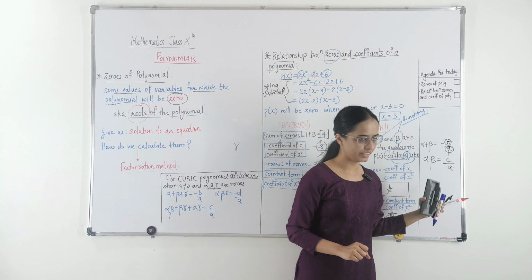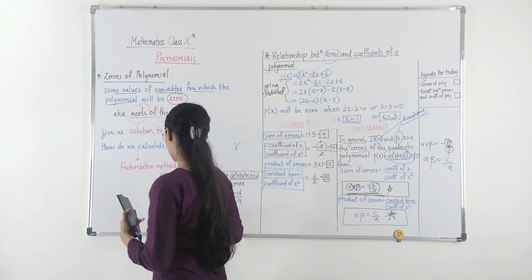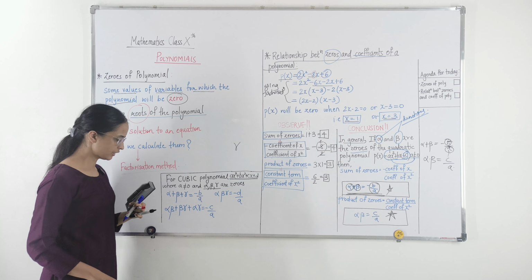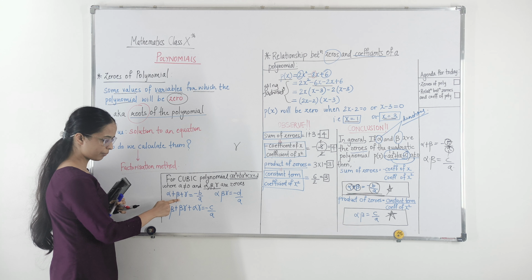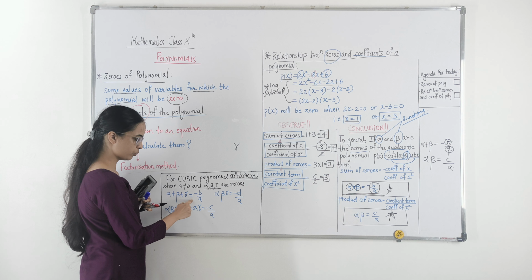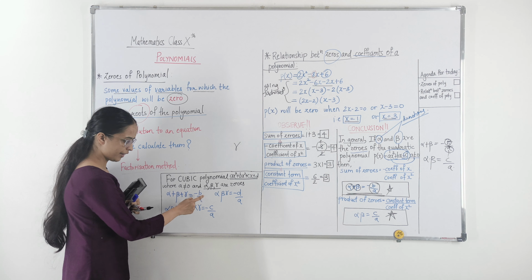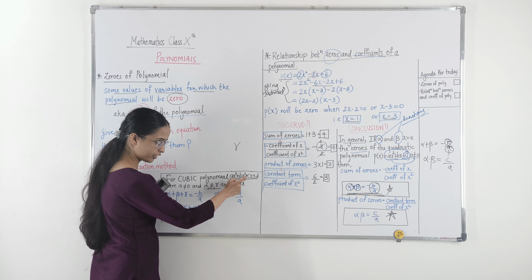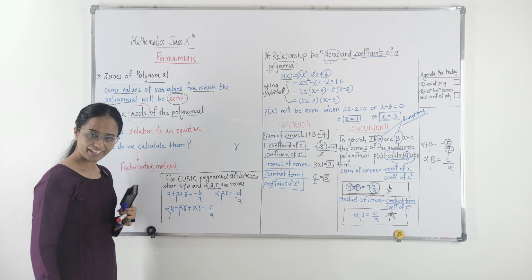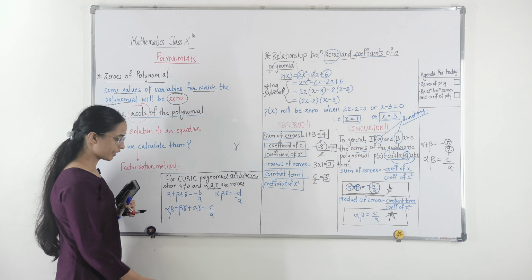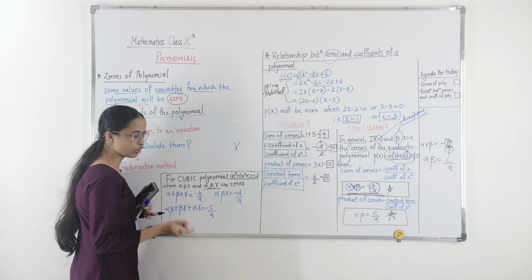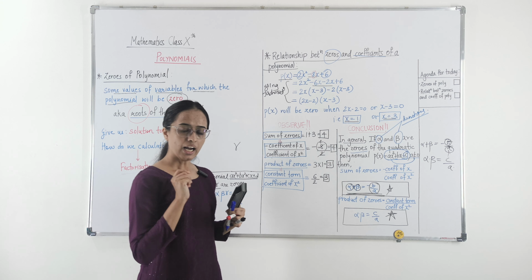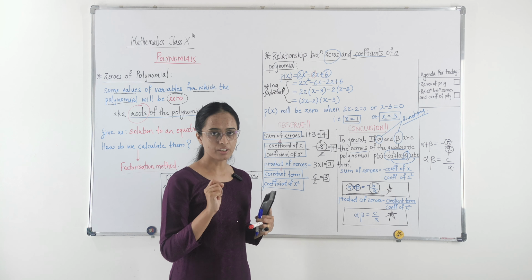Now if these are the zeros and this is the polynomial, just like these relations, what would be the relation between these zeros and the coefficients? When you take the sum of all three zeros, alpha, beta and gamma, the addition is equal to minus b by a, that is minus the coefficient of x square upon the coefficient of x cube. You need to understand this, the denominator will always be the coefficient of the highest power of the variable.